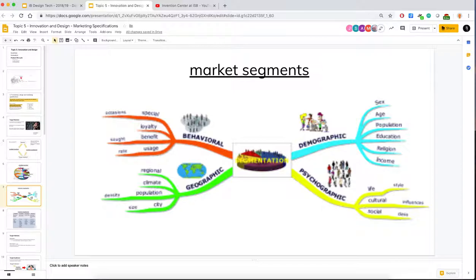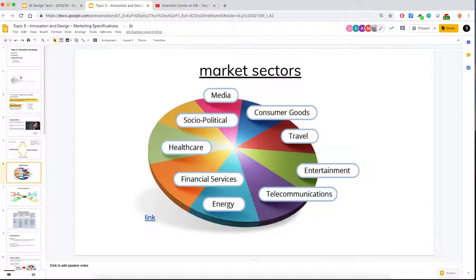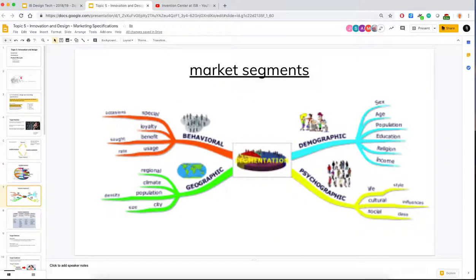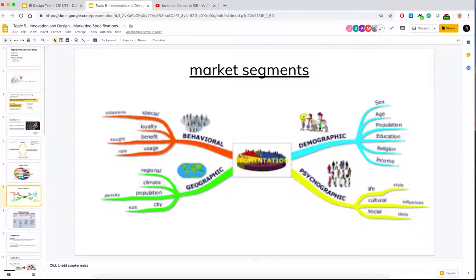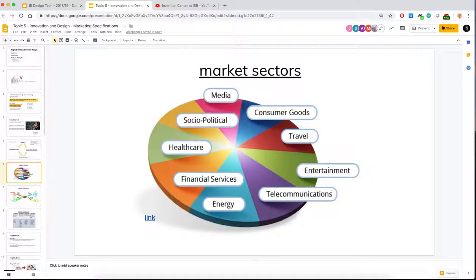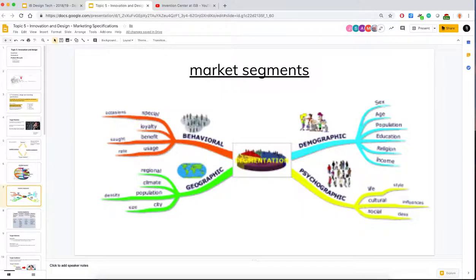These segments can be divided up based on geography, behavior, demographics, and psychological factors. So these big things exist globally, but then we can start dividing them up smaller into segments. So it goes sectors, segments. You said the sectors are global? Yeah, they're big.